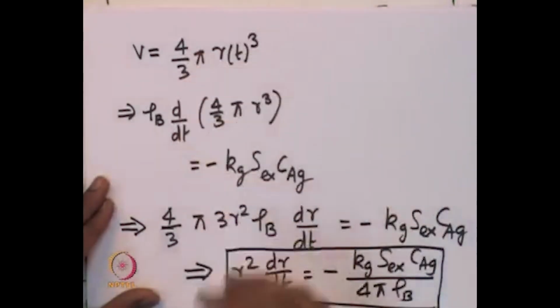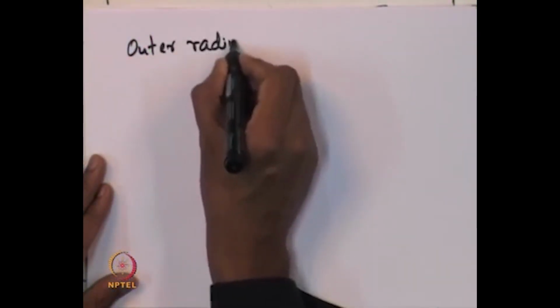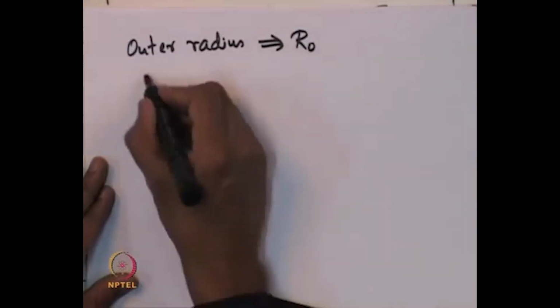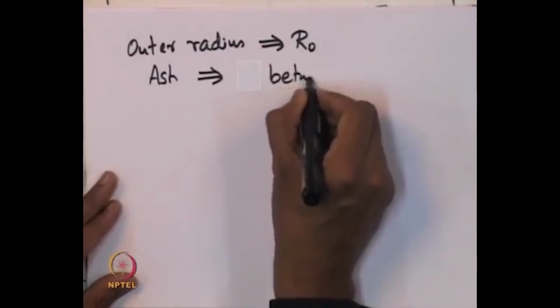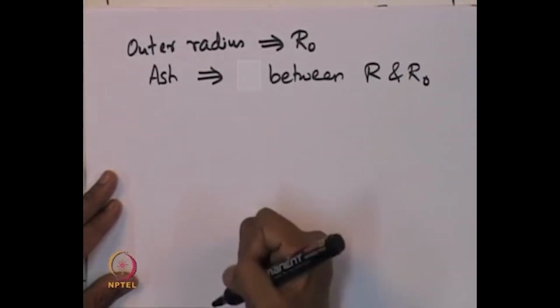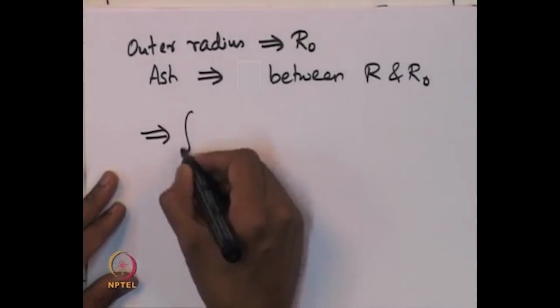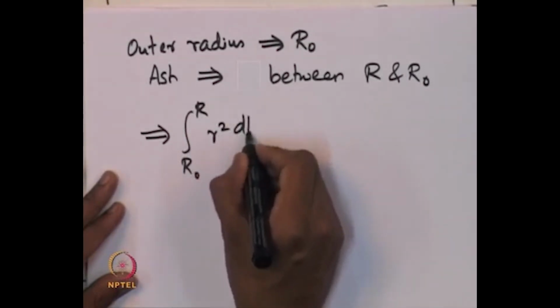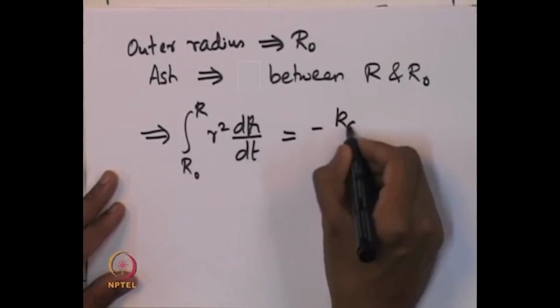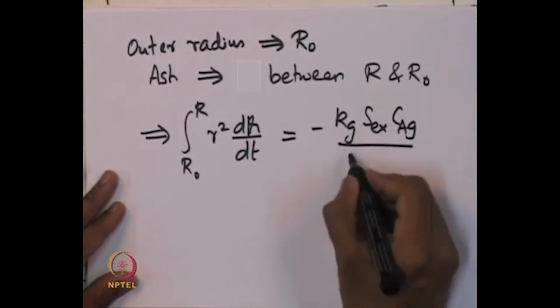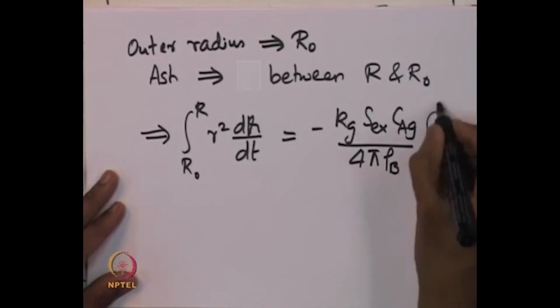Now, this is directly correlated to the number of moles, or the amount of solid that has undergone the reaction at a certain time. If we assume that the outer radius of the particle is r naught, and the ash is present between r and r naught, we can integrate this expression between r naught and r, dr by dt, and that should be equal to minus kg divided by rho b into the integral d dt.